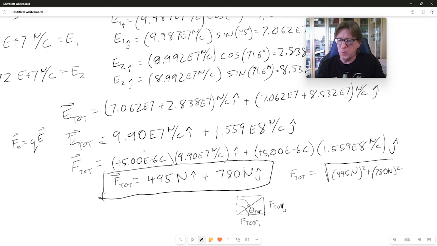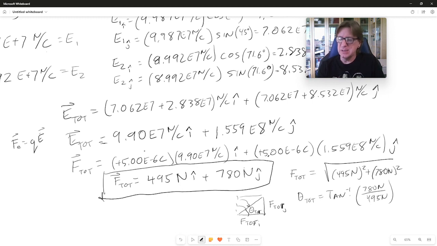So it's not always going to be that theta total equals the inverse tangent of the J hat component over the I hat component, which in this case would be 780 newtons divided by 495 newtons. It depends upon where I've decided I want to measure from. So for that reason, you always have to specify where you're measuring from.